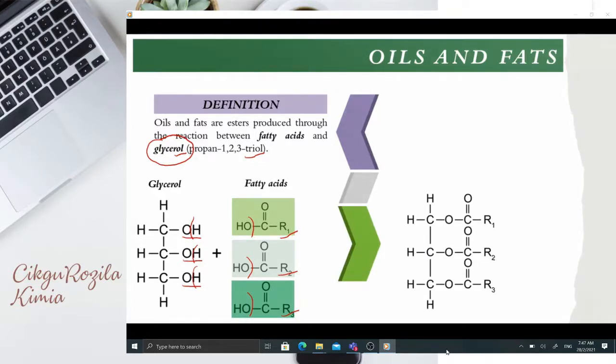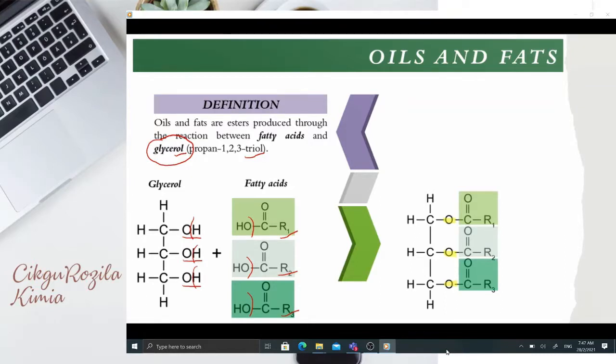If we look together, the glycerol has been combined with fatty acids here and produces a large molecule of ester. This is the first fatty acid, the second fatty acid, and below is the third fatty acid.